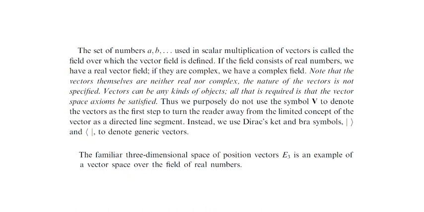You add one 2 by 2 matrix to another 2 by 2 matrix, and again you get a 2 by 2 matrix. So the set of all 2 by 2 matrices can form a linear vector space. So a linear vector space needn't be ordinary vectors, it can be any set of objects. All they need to do is comply with the set of axioms which we discussed just before.